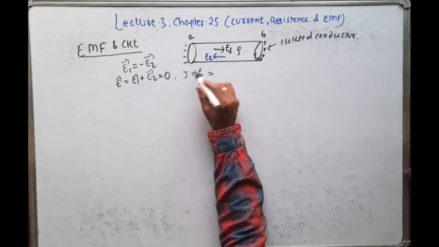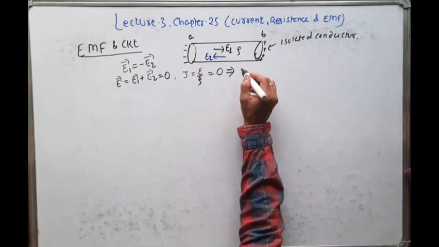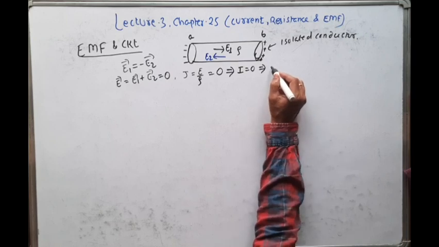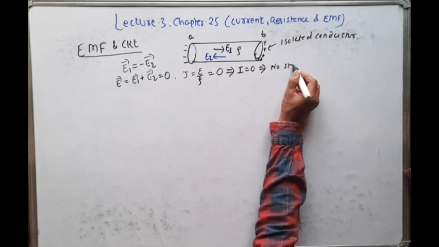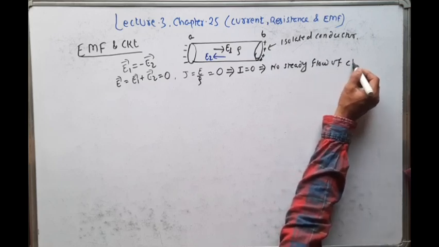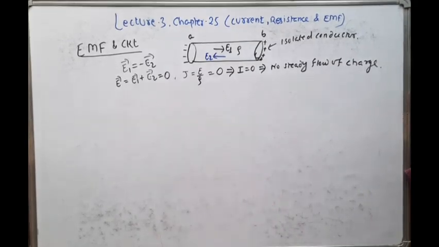Since electric field is 0, current density is equal to 0. Current density 0 means current is equal to 0. Current 0 means there is no steady flow of charge. So this is the situation for an isolated conductor.